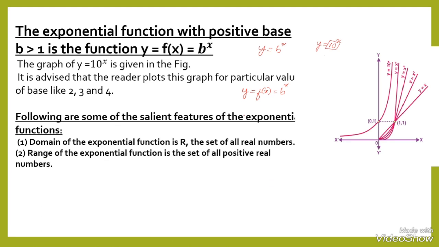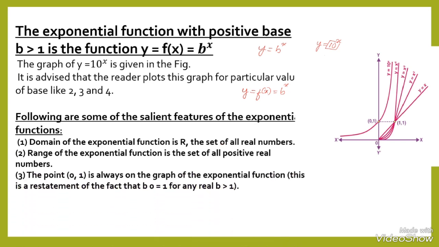The second point, the range of the exponential function is the set of all positive real numbers. Here the base is a positive number, then the exponential should be positive only. Therefore, we can say the range of the exponential function is always the positive real numbers.